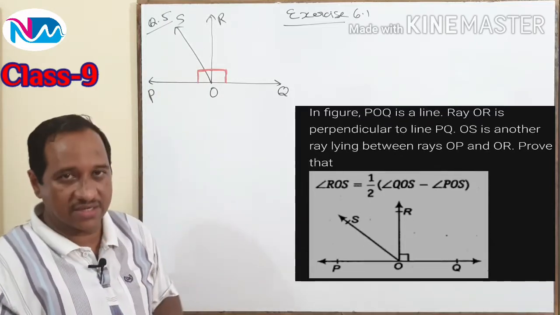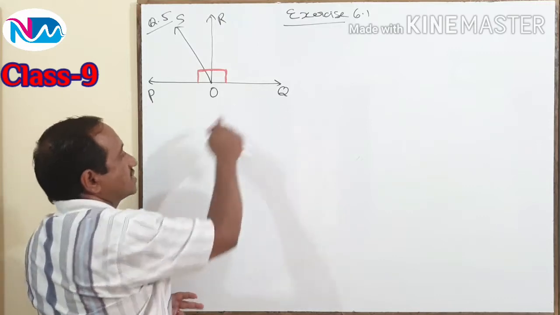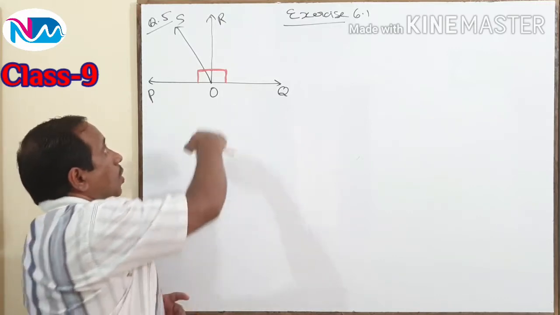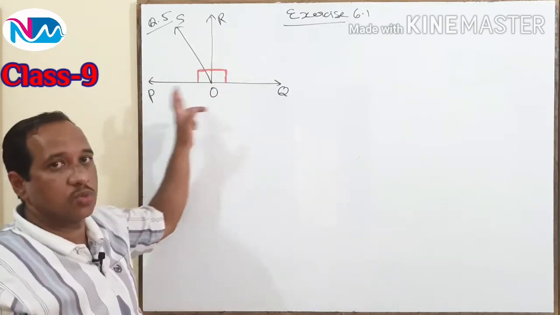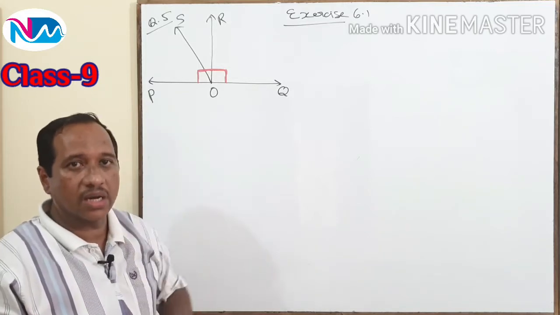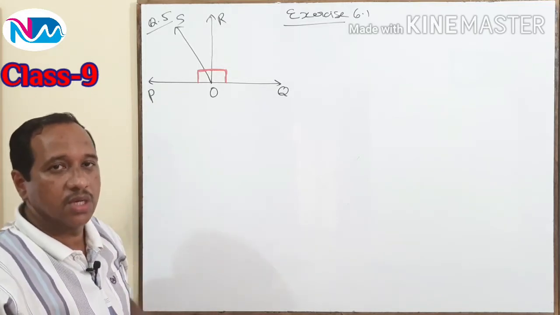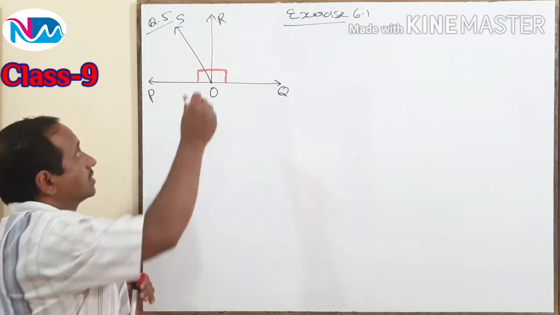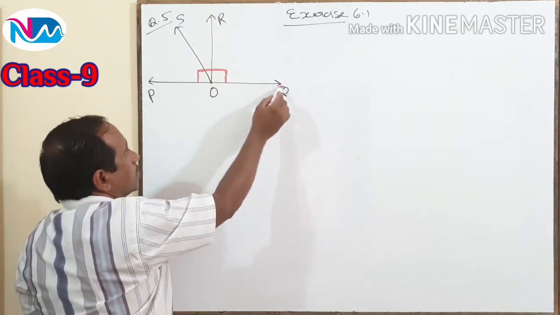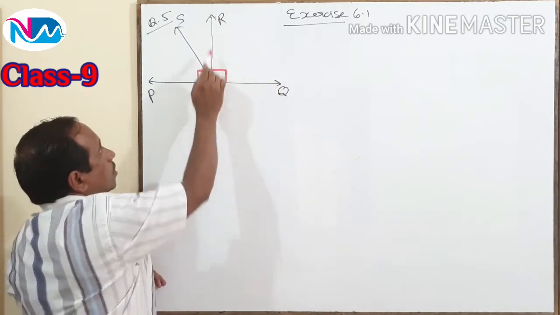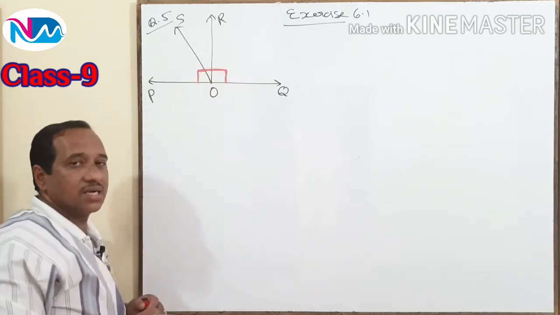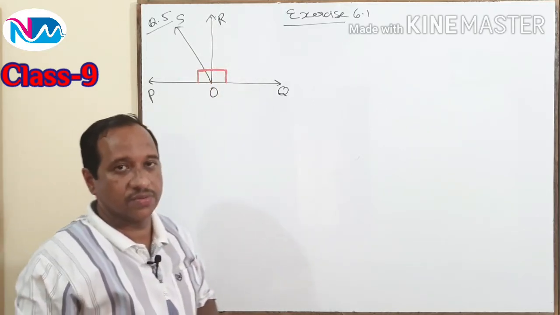The question says that PQ is a straight line, OR is perpendicular to PQ. If OR is perpendicular to PQ, we have two right angles. They are angle ROQ and angle POR. Both these angles are 90 degrees each.